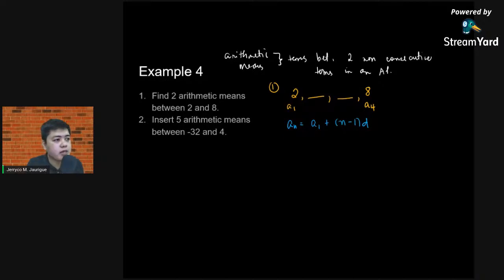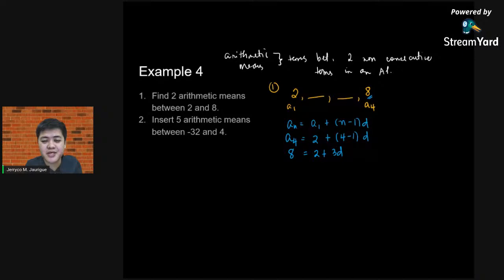So, yung n mo naging 4. A sub 1 is 2. Plus, yung n mo ay 4 minus 1 times d. Common difference yung hinahanap natin, so wala pa siya. A sub 4, by the way, is 8, base dun sa given. So, we'll have 8 is equal to 2 plus, 4 minus 1, that's 3 times d. Plus 3d. Okay. And then solve for d.